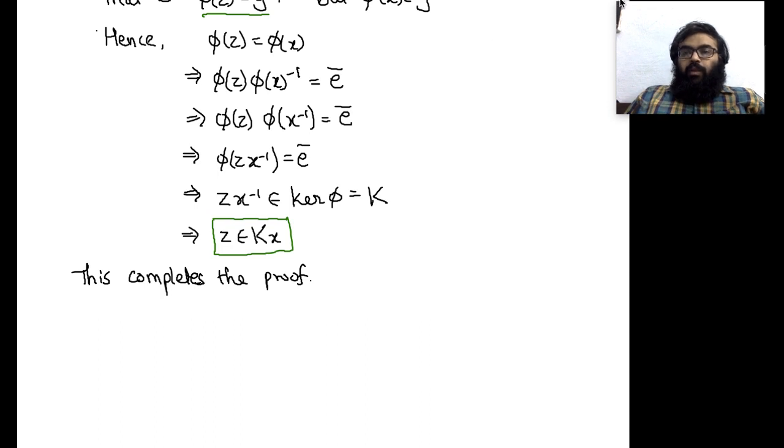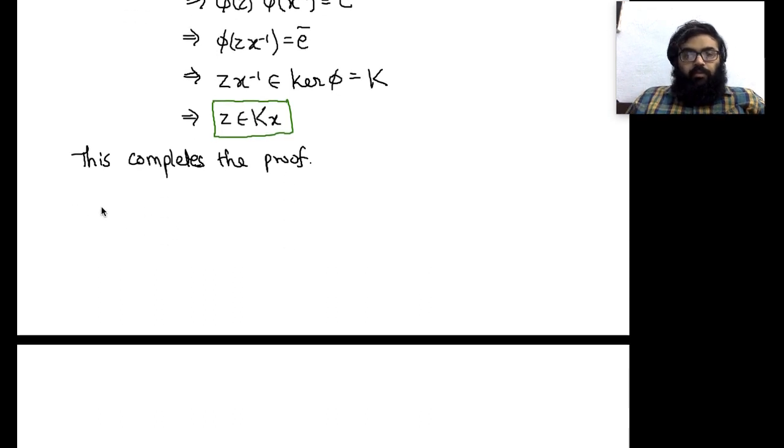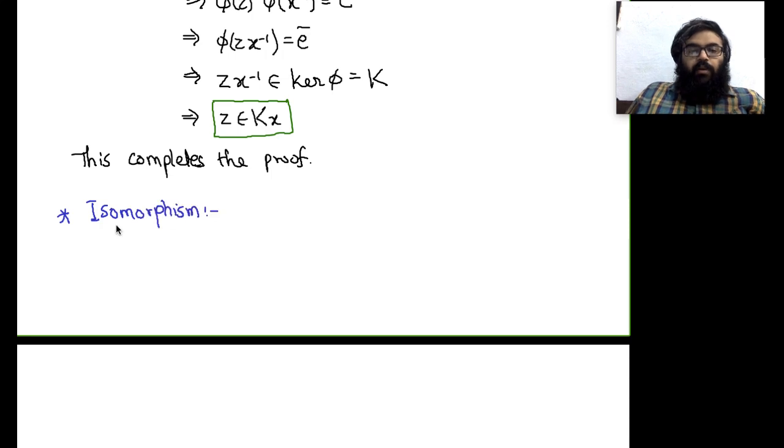Okay, now we come to the next topic, which is again in the subtopic of this, which is isomorphism. Again, this is revision part for almost all of you.